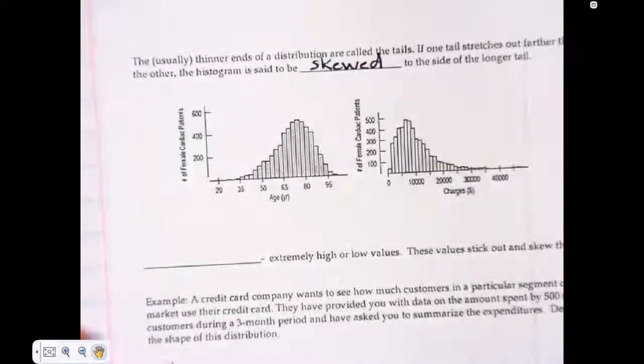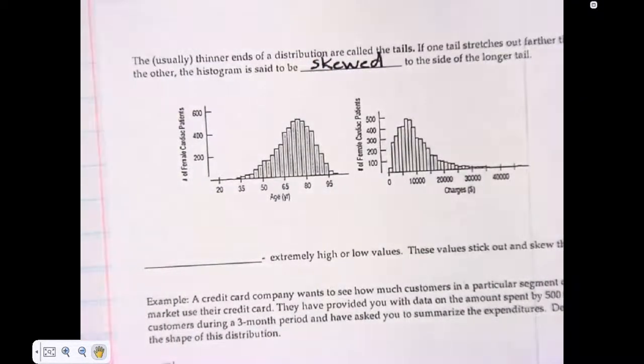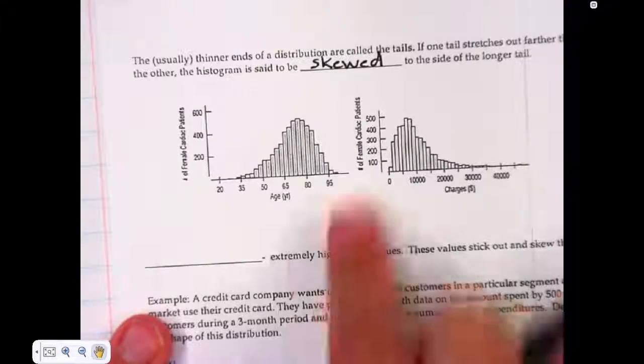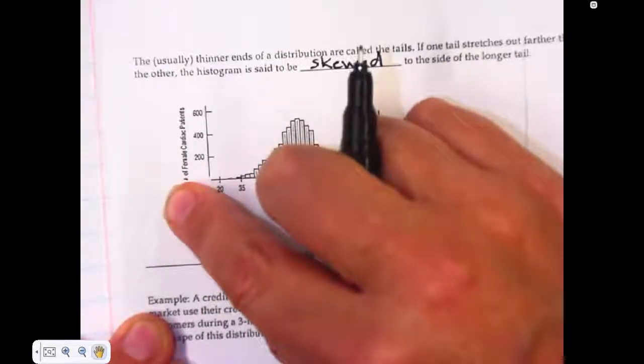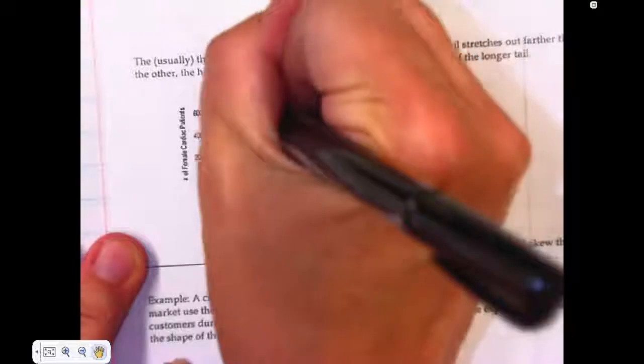So with the skew, what you need to understand is the pull. You can see this histogram here, how the tail is this way. The tail is towards the lower values, or to the left. So this can be described as skewed to the left.